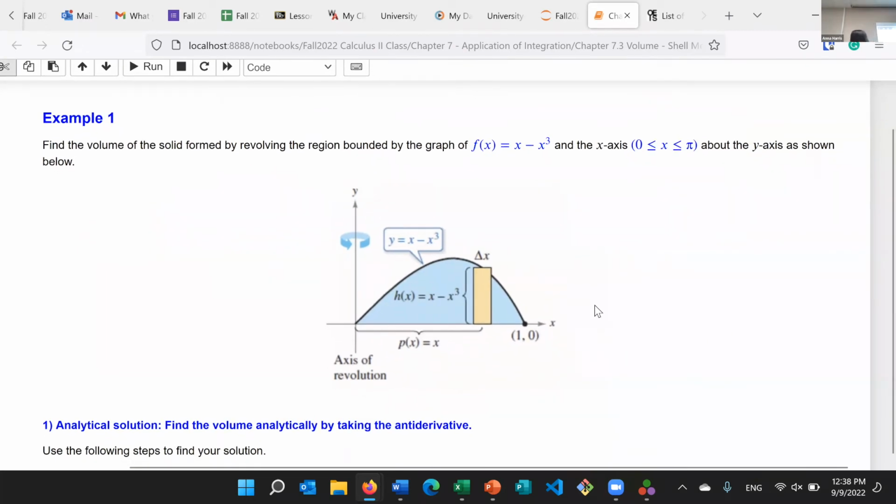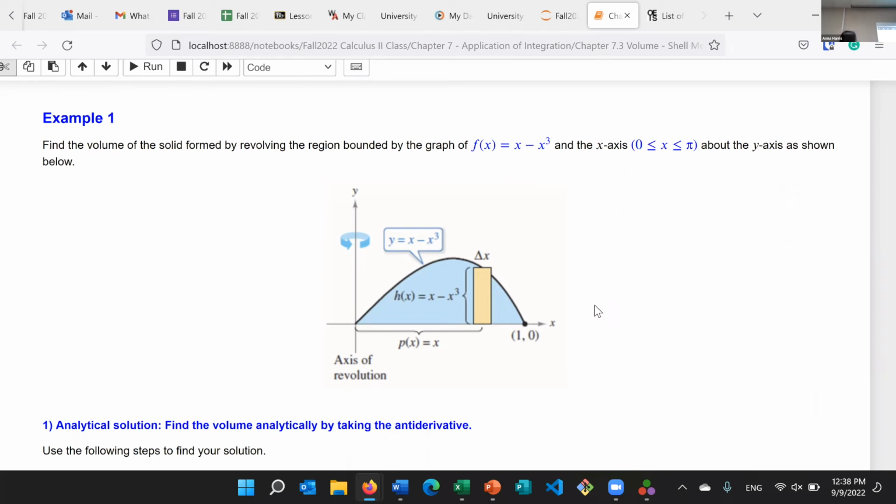So you have this problem. Find the volume of the solid bounded by f of x equals x minus x to the third, between 0 and pi. All right, x is 0 to pi, and the y-axis is shown below.